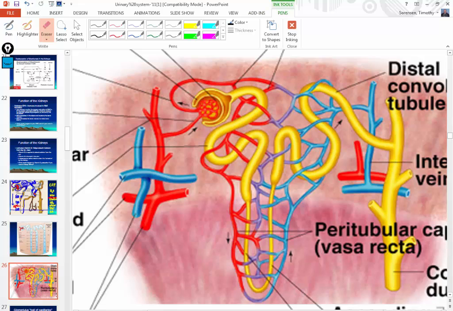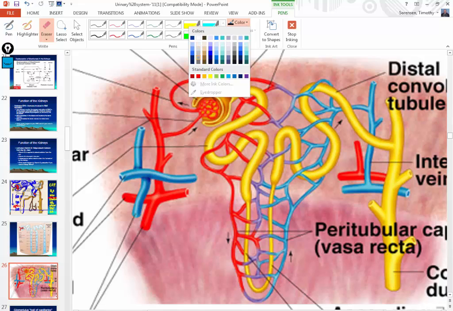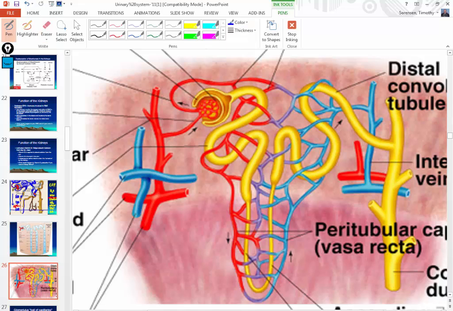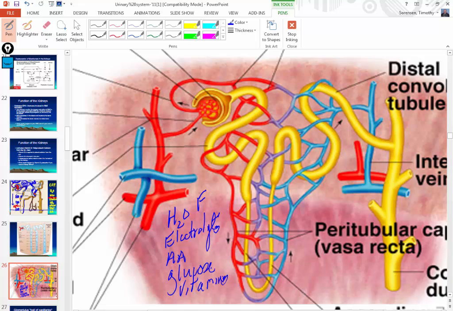Okay, so remember, the formed elements of the blood are not filtered. So what you're filtering is the watery part of the blood, the plasma. So you are filtering water, electrolytes, amino acids, glucose, vitamins, fatty acids.